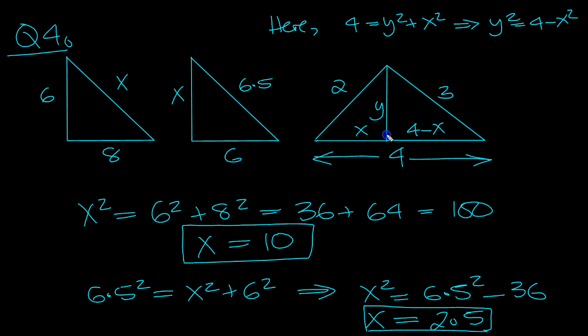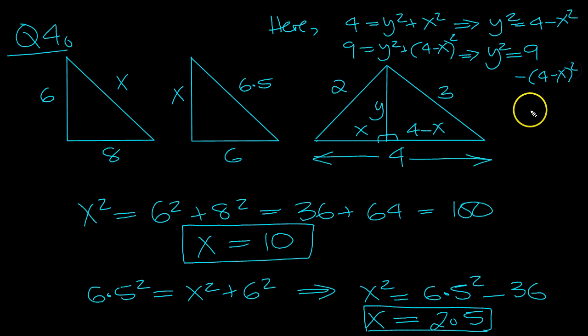But looking on this triangle, because they're both right angles, you can use Pythag both ways. 3 squared, which is 9, is equal to y squared plus 4 minus x, that thing squared. So that tells us what y squared is for that triangle. It's 9 minus bracket 4 minus x, that object squared.